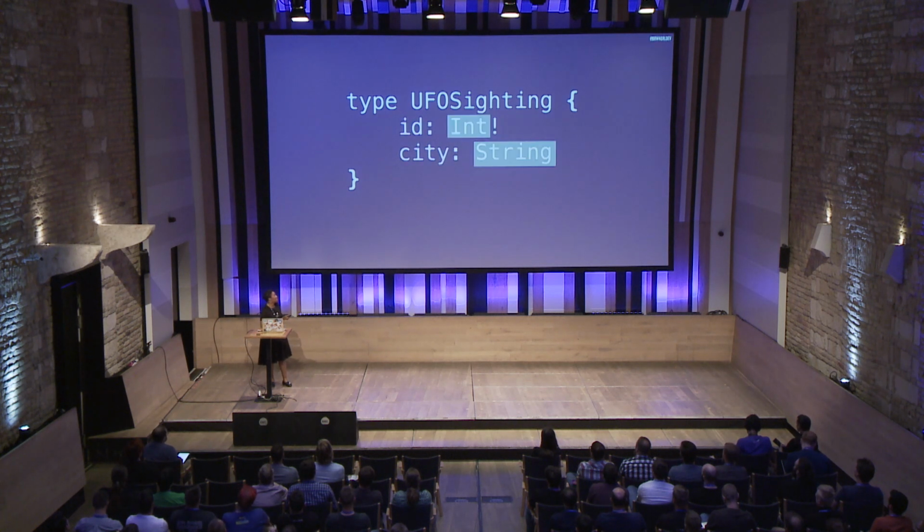And we've specified that it only has these 2 fields, an ID and a city. And the type of the ID is an Int with the bang, and then the city is just String. And what this means is that the ID is guaranteed to always be non-nullable, whereas the city could be null. So that's all that means.